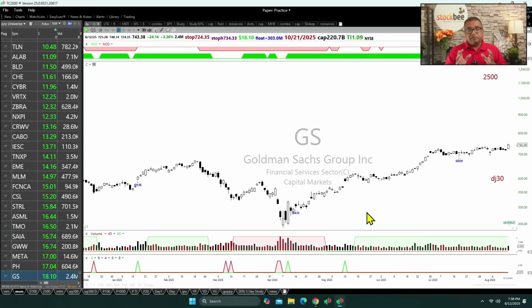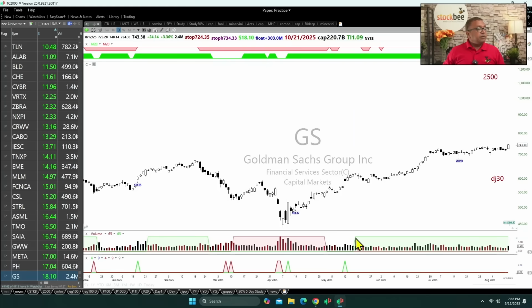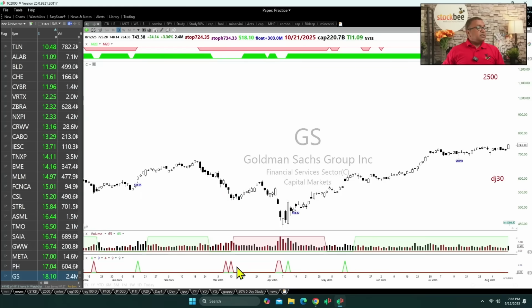One of the ways in which I use absolute momentum is by plotting absolute momentum phases. In this particular case, I'm using an absolute momentum called trend intensity, where I'm looking for a stock's momentum as defined by its 7-day price average being 5% above its 65-day average. So this stock has a momentum of about 1.05.